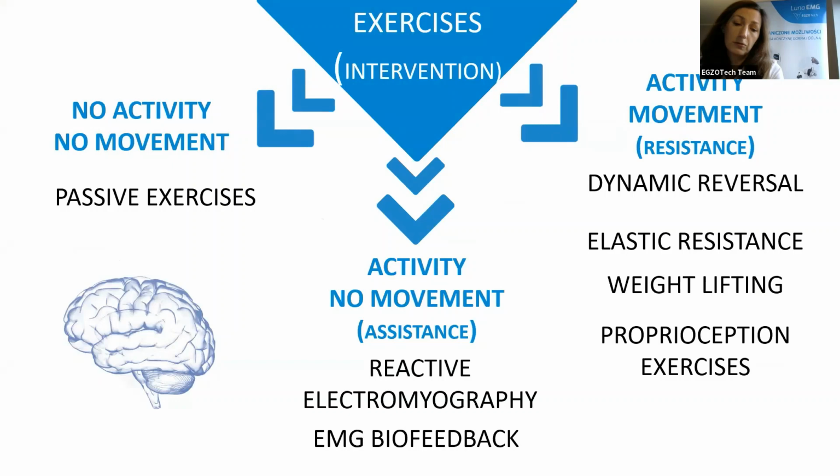And the third group of possible usability is where there is activity and movement, so the patient can actually exercise with resistance, and for that we use the dynamic reversal and all the resistive programs, so elastic resistance, weightlifting, and of course the proprioception exercises.